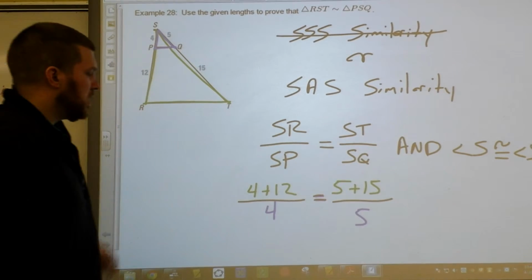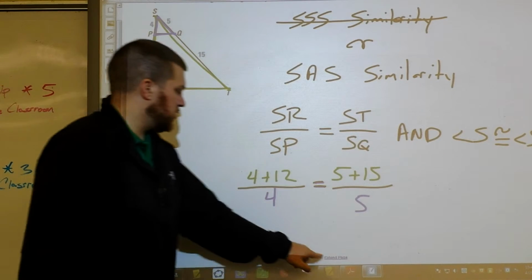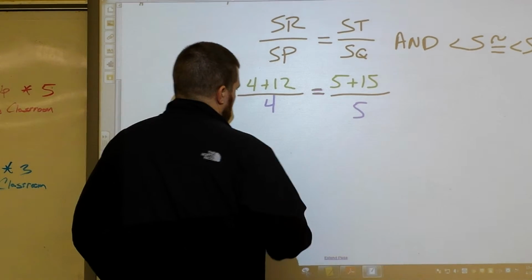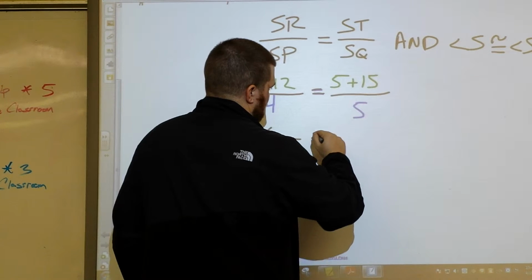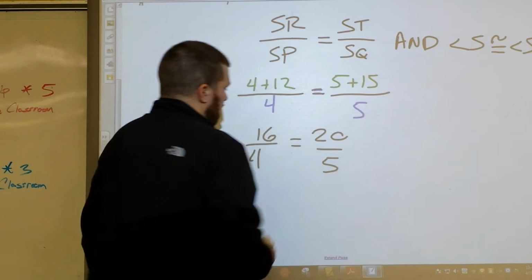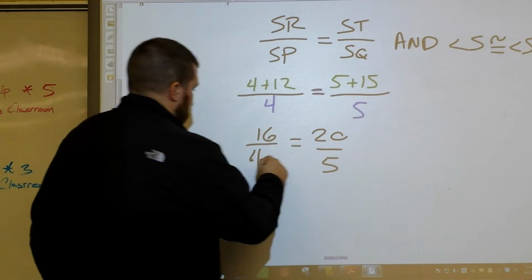All right. So now what I want to do is simplify each of these. 4 plus 12 is 16. 16 over 4 equals 5 plus 15 is 20 divided by 5.